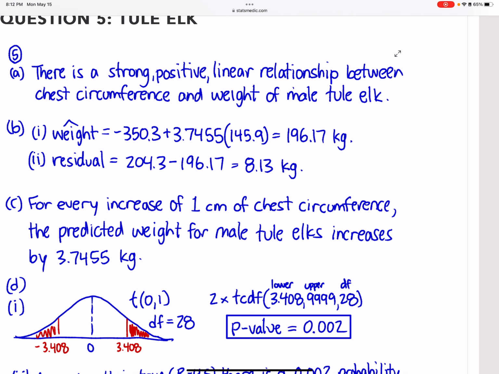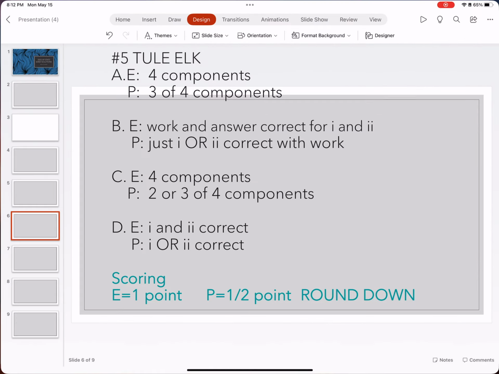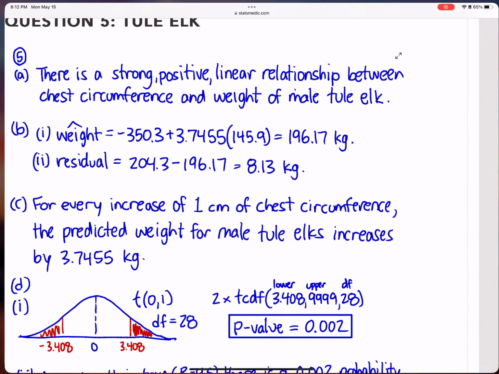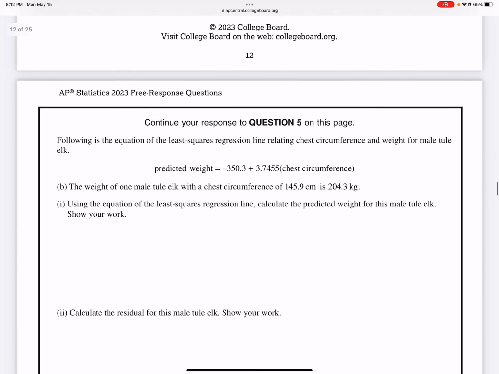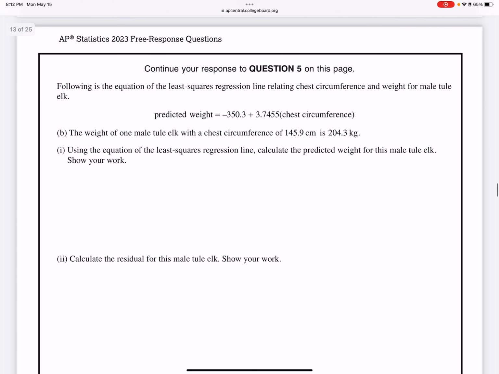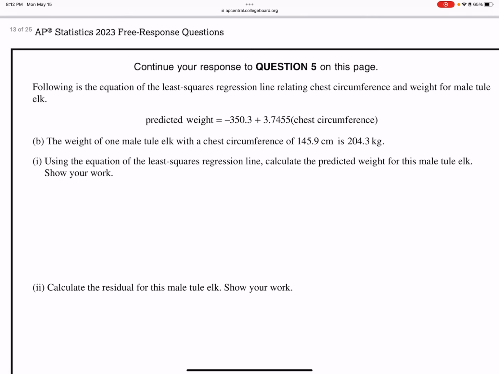The next one, let me go through and show you what that question is. Here is the linear regression. I gave it to you, predicted weight right here. And here is an actual measurement, 145.9 centimeters, and you get 204.3 kilograms.